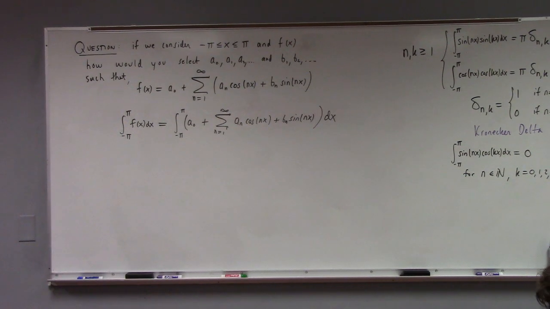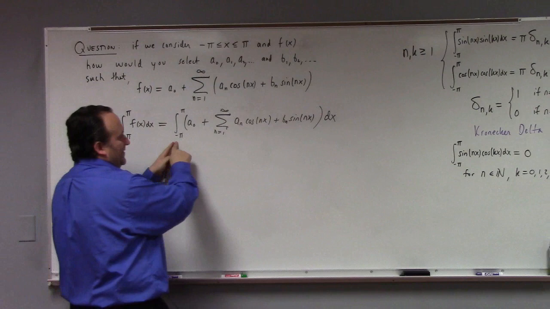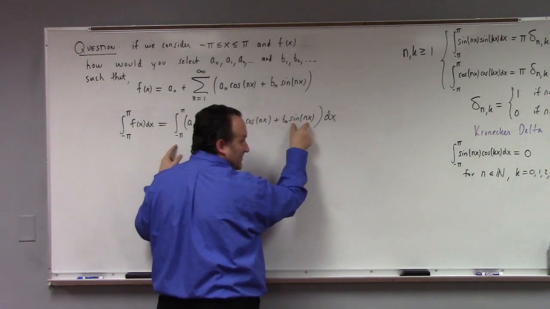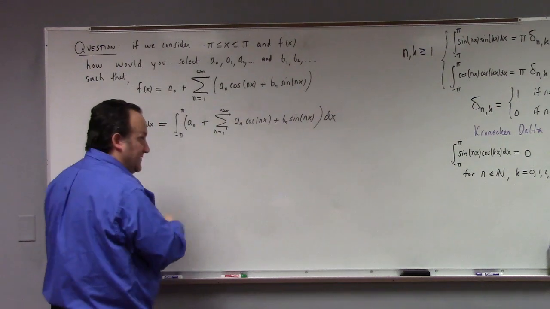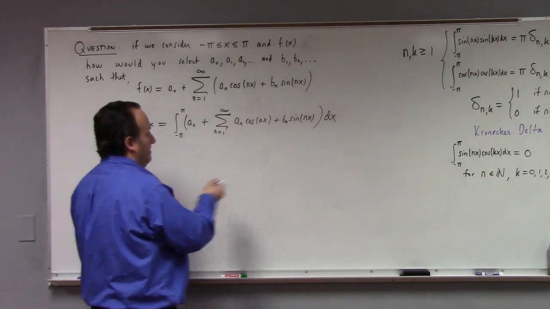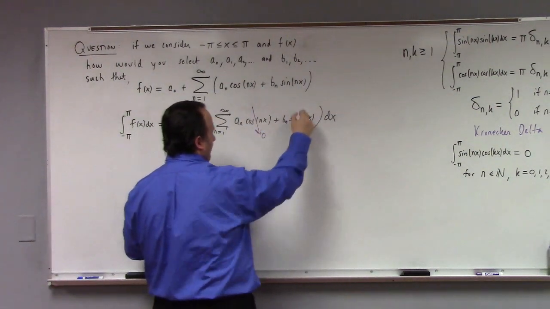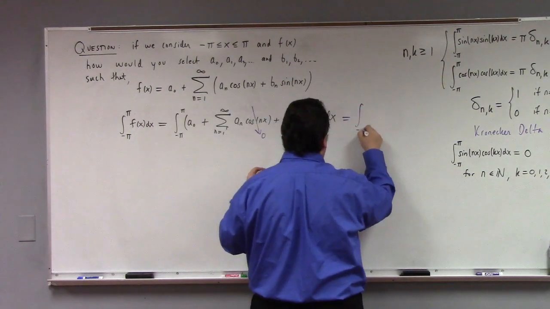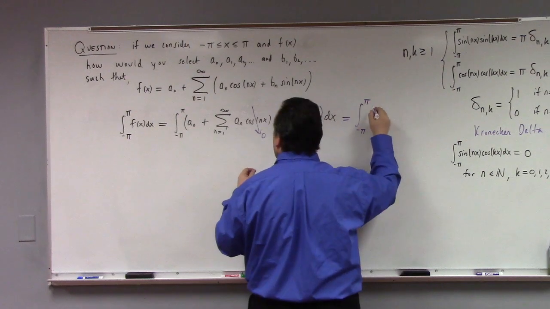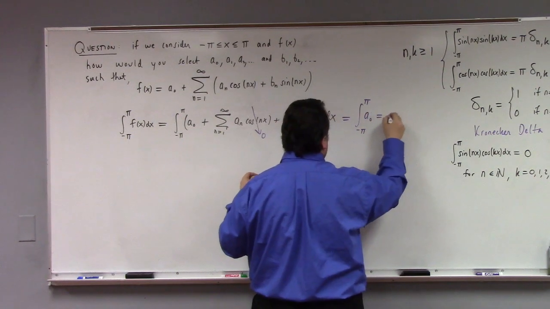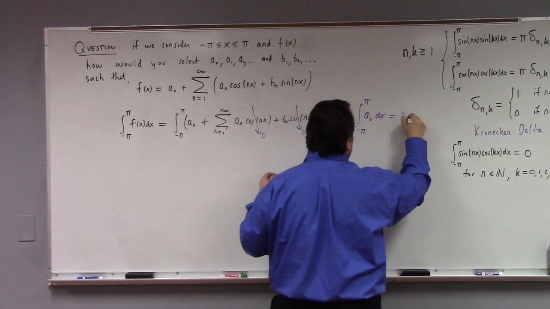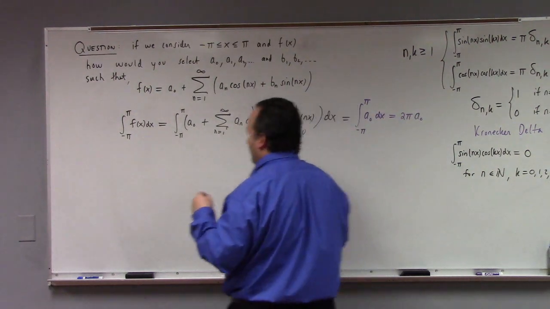What happens to the integrals? The integral from minus pi to pi of this piece is 0. The integral from minus pi to pi of all of these is 0. What survives? We just get the integral from minus pi to pi of a sub 0, which is also known as, well, dx, of course. So that gives us 2 pi a sub 0.